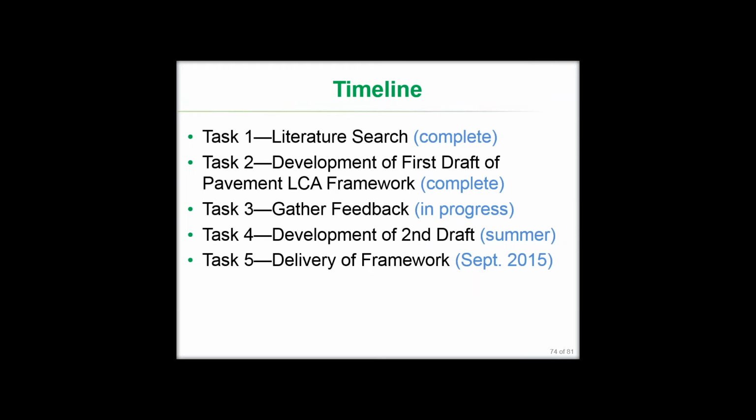We're gathering feedback, and based on the feedback, we will develop a second draft, and we will hope to publish the framework in September of 2015. And so if you're interested in hearing more about this, then feel free to reach out to Kurt, who's heading up this project.